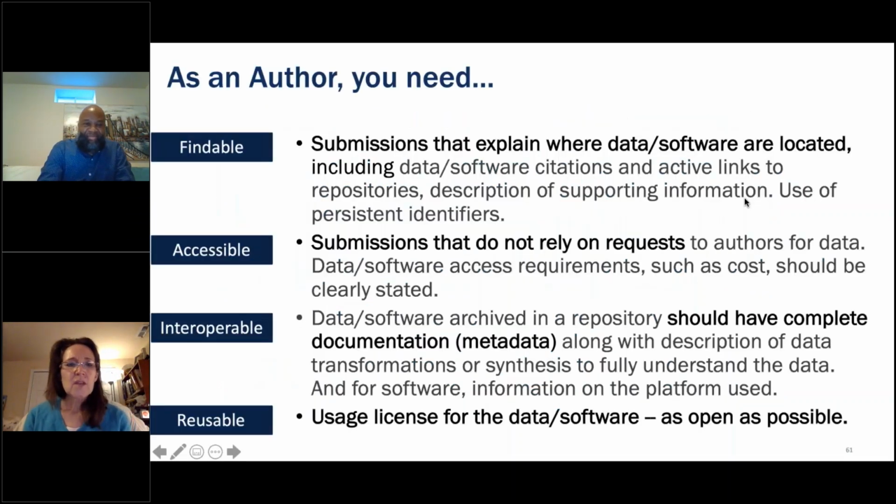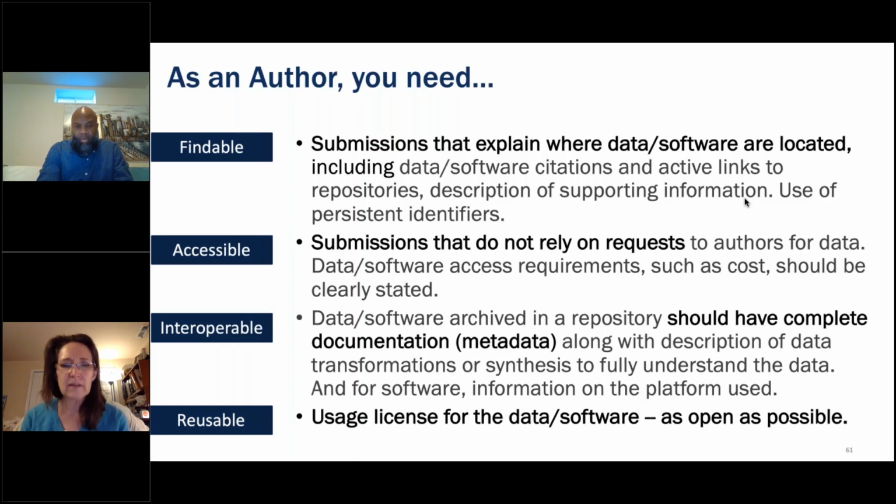So one of the reasons that we're doing this is, as an author yourself, when you're looking at somebody else's paper, what you are really interested in is the submission that you're looking at: does it explain where the data and software are located accurately? So ask this of yourself: in my submission, have I explained really carefully where my data and software are located?